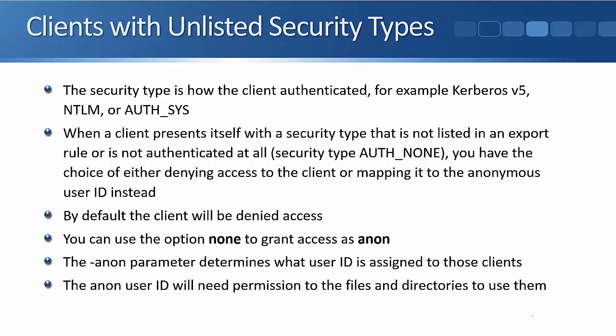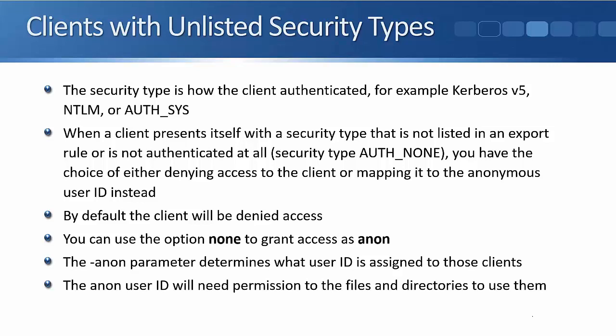When a client presents itself with a security type that is not listed in an export rule, or if the client is not authenticated at all, which would count as security type of none, you as the administrator have the choice of either denying access to the client or mapping it to the anonymous user ID instead.